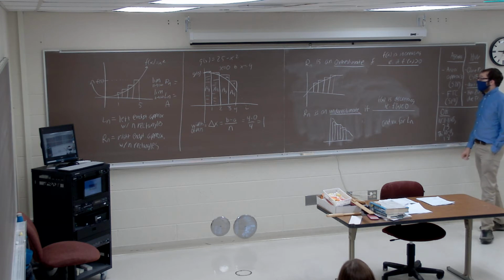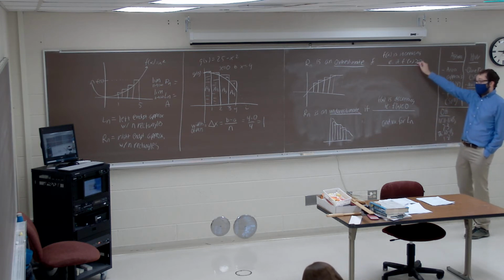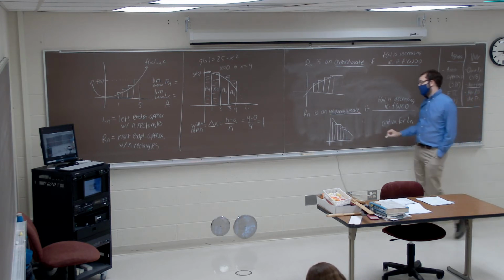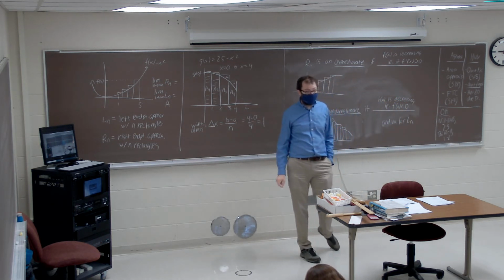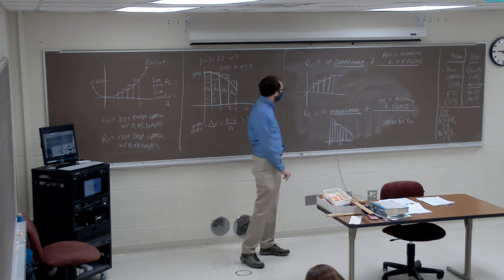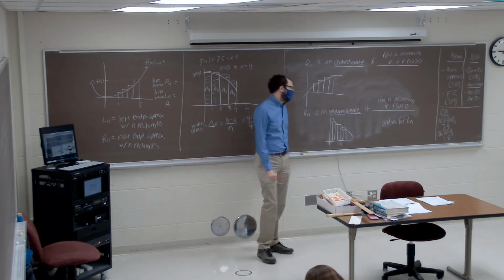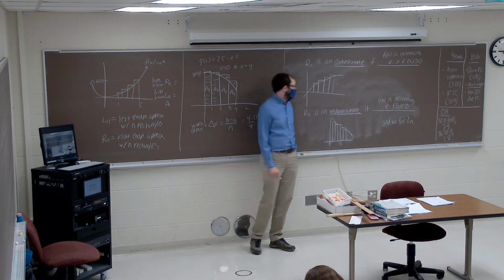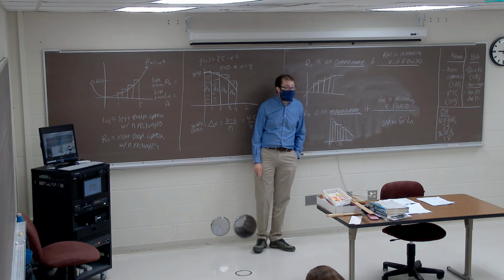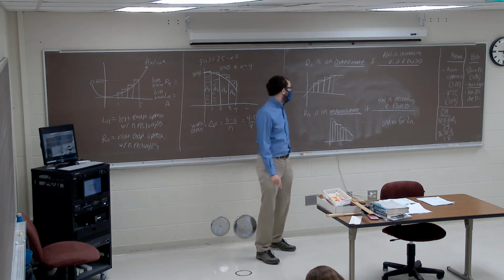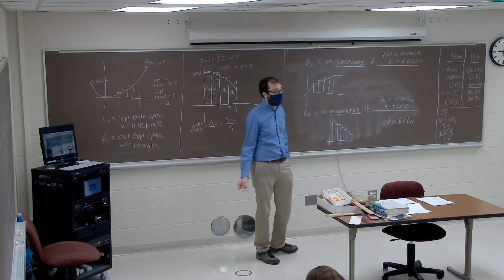Meaning L sub n is an underestimate if f prime is positive, and L sub n is an overestimate if f prime is negative. So depending on the sign of your derivative, whether your function is increasing or decreasing, you can use that to help you determine if R sub n or L sub n is an over or underestimate for the actual area.